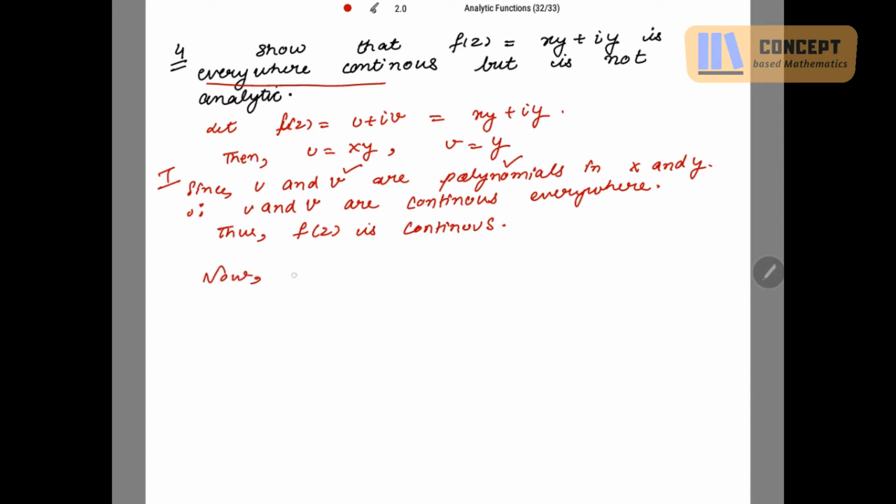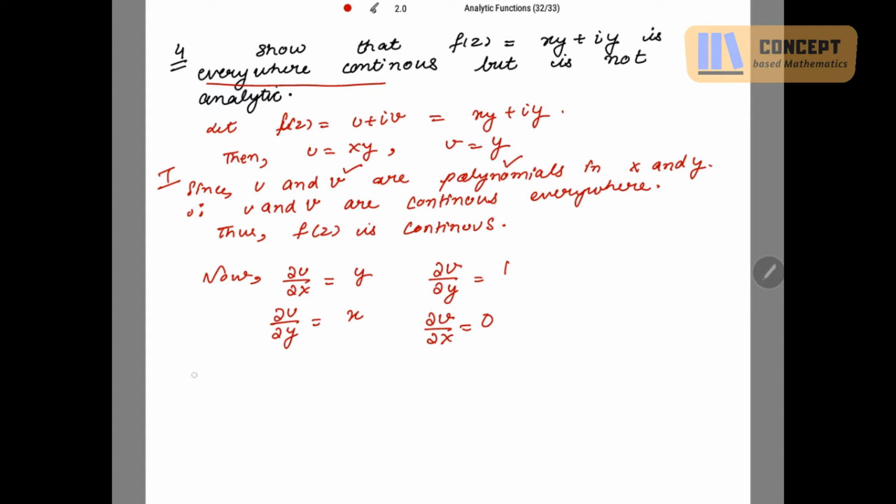ठीक हो गया. नाउ अब हम इसके एनालिटिसिटी की बात करते हैं. चेकिंग द CR इक्वेशंस. व्हाट इज curly u over curly x? This is y. And what is curly v over curly y? This is 1. Okay. Now what is curly u over curly y? This is x and curly v over curly x is 0. CR equations are not satisfied.